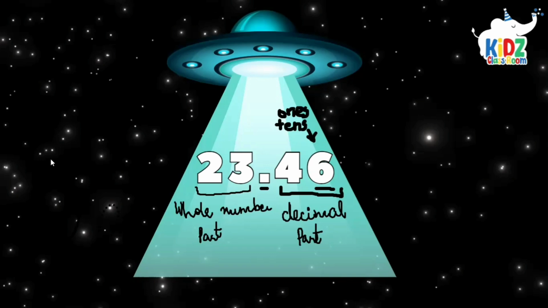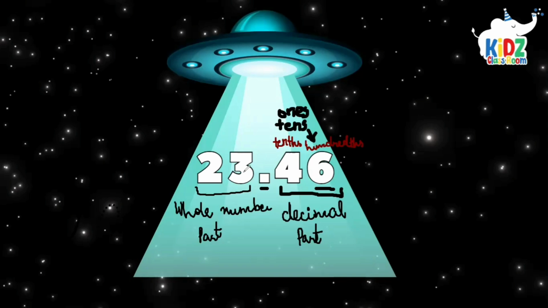The rightmost place after the decimal point is tenths. After tenths, we have hundredths.